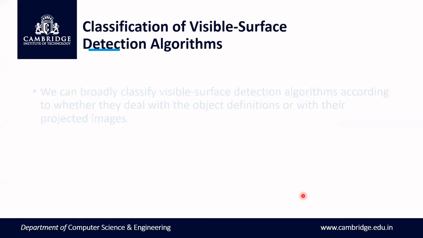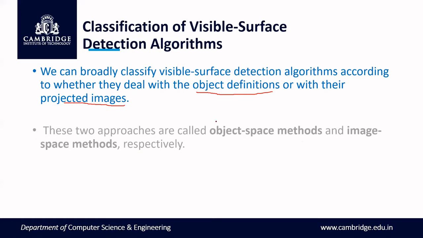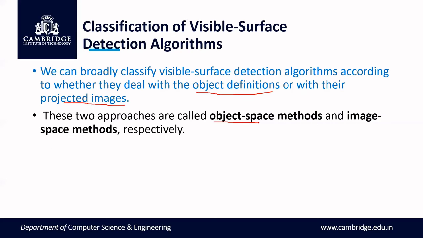We can classify the visible surface detection algorithms in two ways. Broadly, we classify them according to whether they deal with the object definition or with their projected image. The classification is based on two things: one is object and one is image.